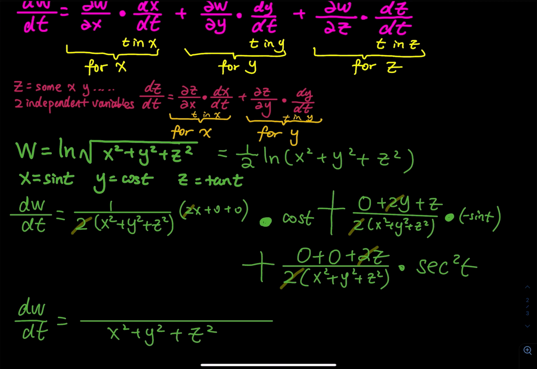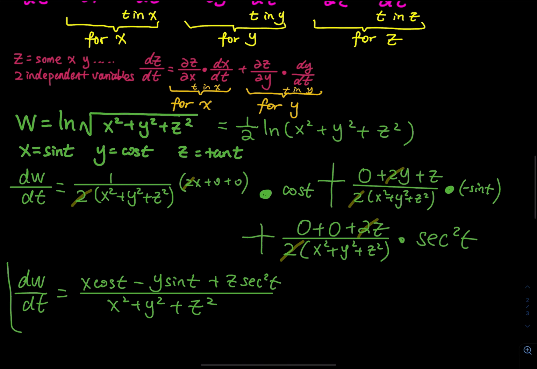And then the top, the first one, I have x times cosine t. And then a plus. You know what? The sine has a negative, so instead of adding a negative, I will just do a minus. So that will be minus y sine of t. And then the very last one, plus z secant squared of t.